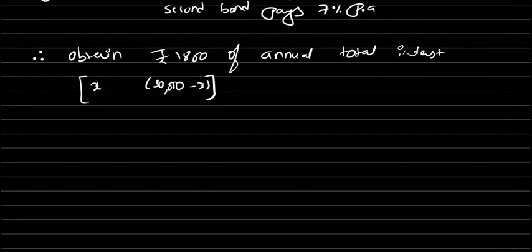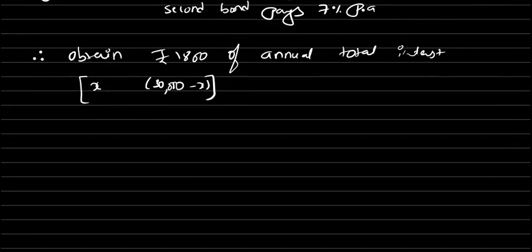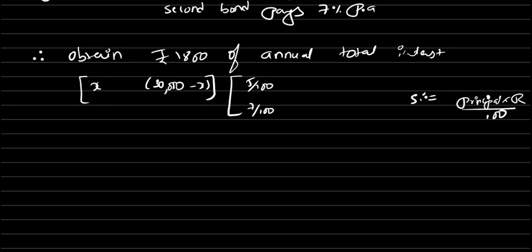For simple interest, the formula is principal into rate of interest divided by 100. We have two rates of interest: one is 5 by 100 and another is 7 by 100. This should be equal to 1800.